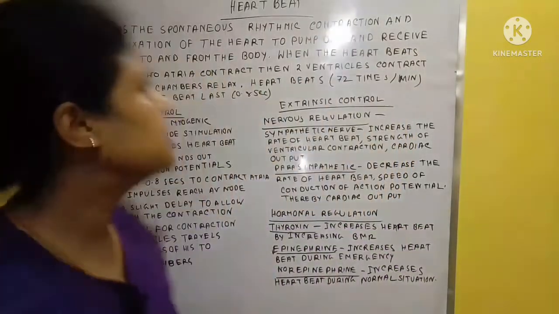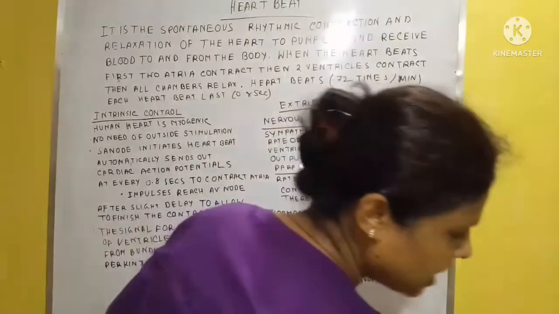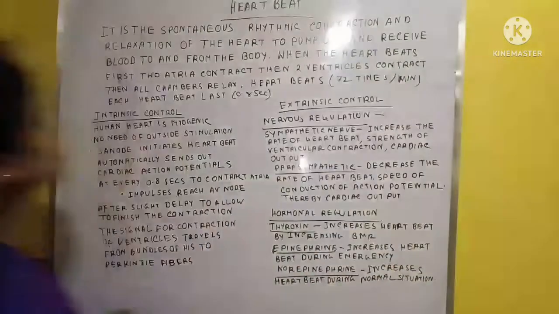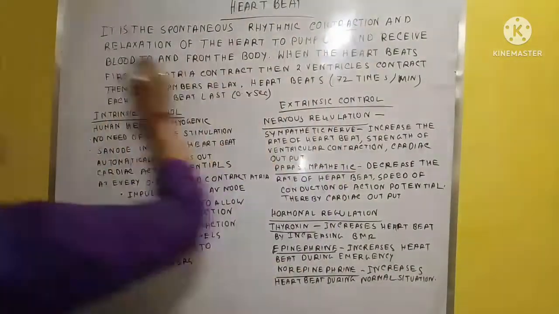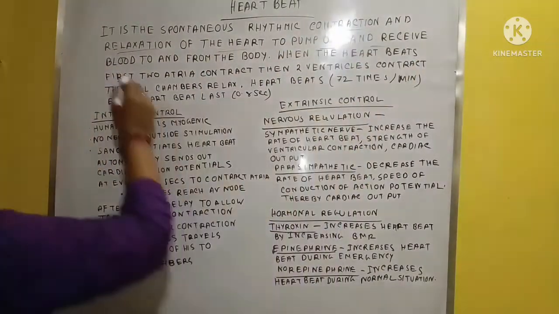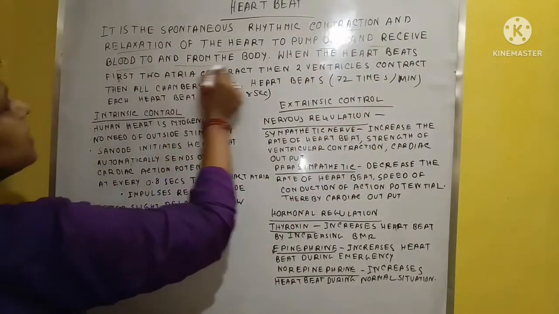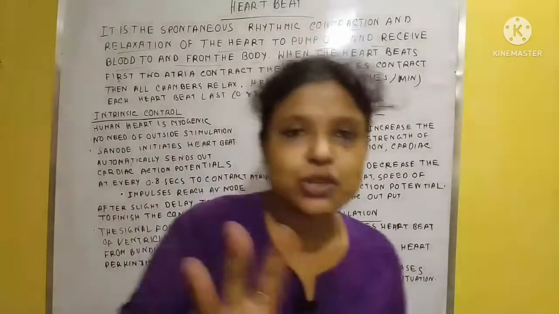What is the heartbeat? The heartbeat is the spontaneous rhythmic contraction and relaxation of the heart to pump out and receive the blood to and from the body. So the total circulation of the body is controlled by the heart.